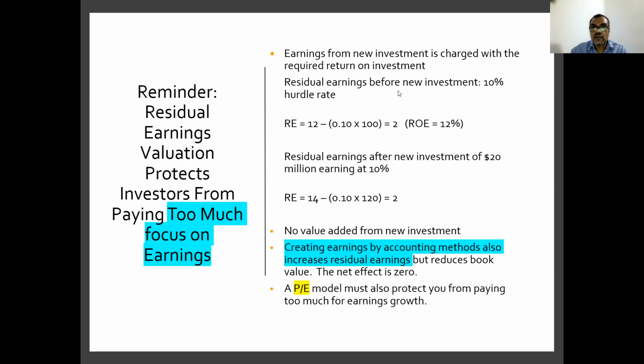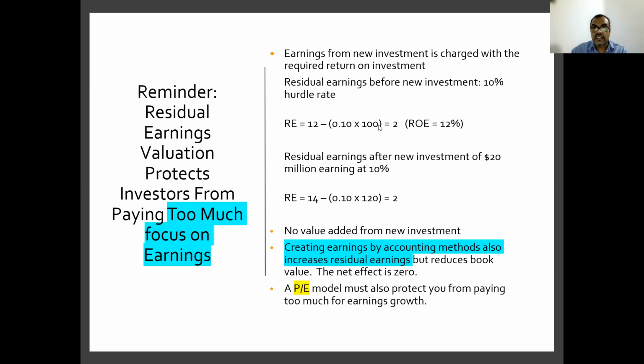Just see, residual earnings before new investment: the hurdle rate is 10%, so that we can calculate residual earnings on the assumption that return on equity is 100 into 10. Sorry, 12 is the actual earnings.